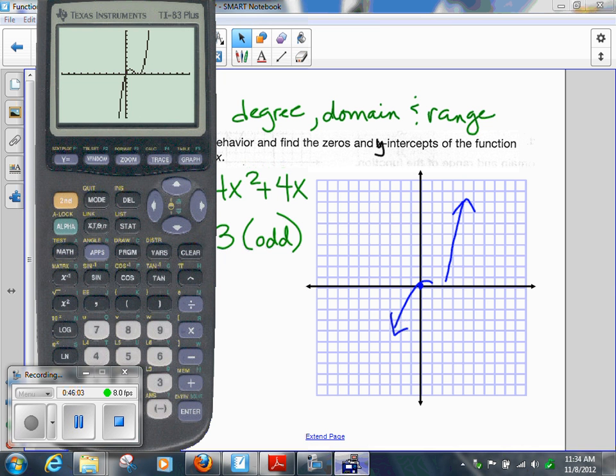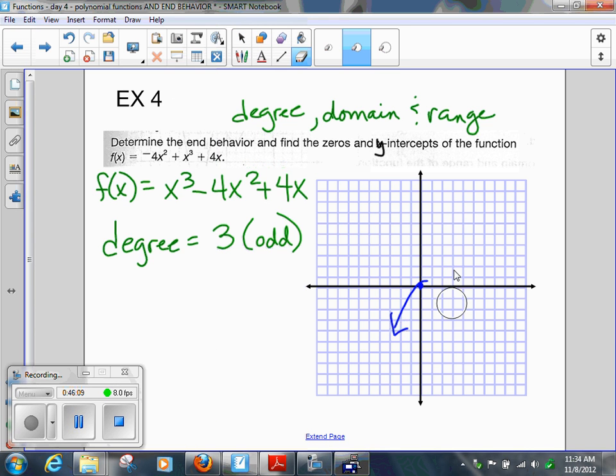Give me your calculator. Let me sketch it from this. All right, so it goes through there, touches there, and then here. Does that look better? A little better. It's a sketch. It's not going to be perfect. All right, so there's my graph.